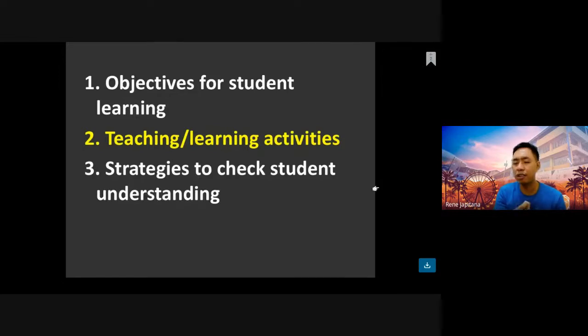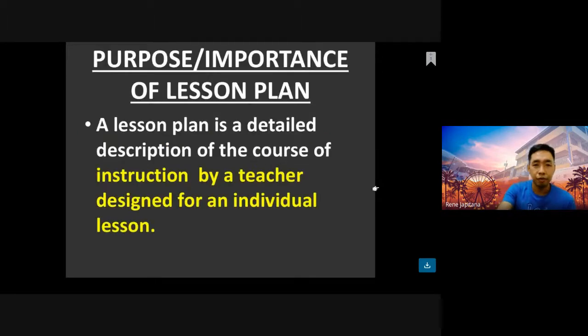We integrate activities. We check the level of understanding of our students through the different activities that we prepare, to see if we can still proceed or not, because there are some students who do not understand yet. So there is a regular checking of student understanding.